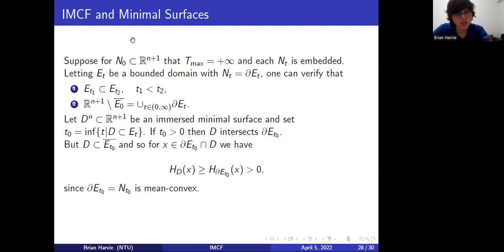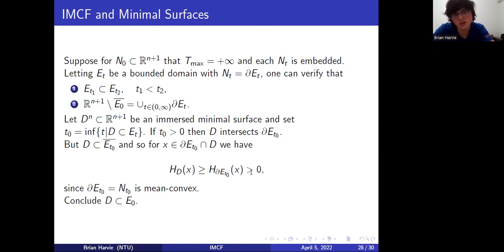Since D is also contained within the closure of E_T0, the mean curvature of D at that point is controlled from below by the mean curvature of the boundary of E_T0. Well, the boundary of E_T0 is just equal to N_T0, so you have a bound on the mean curvature of D away from 0. What does this all mean?